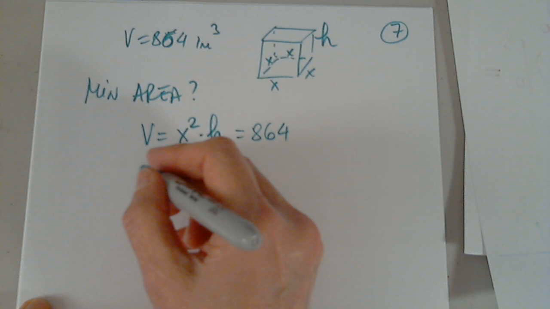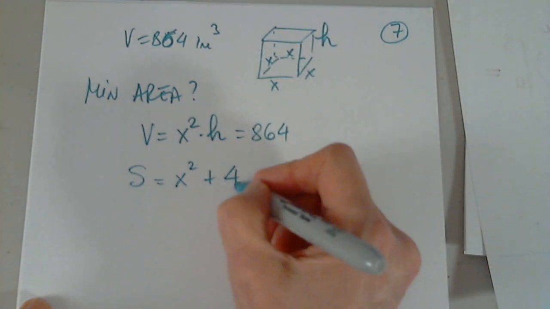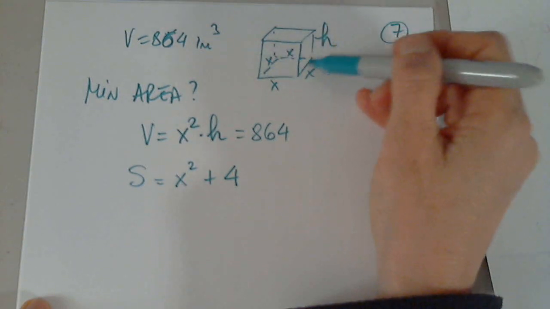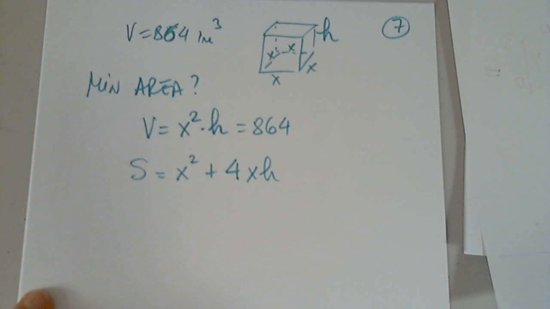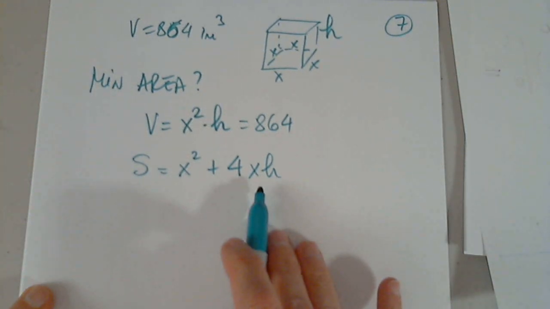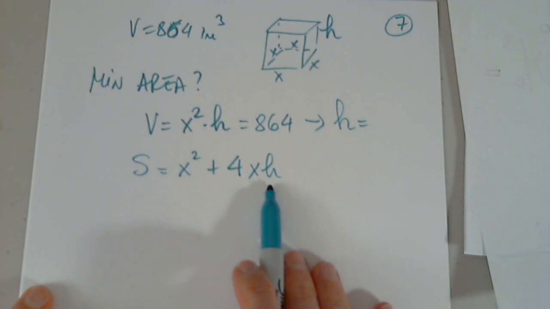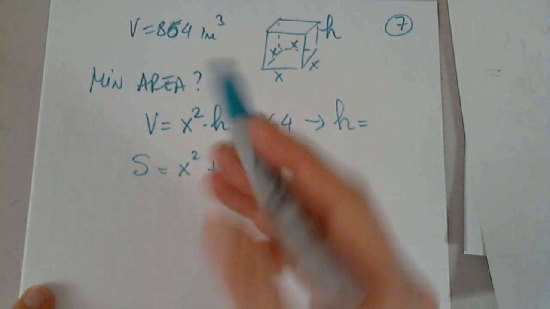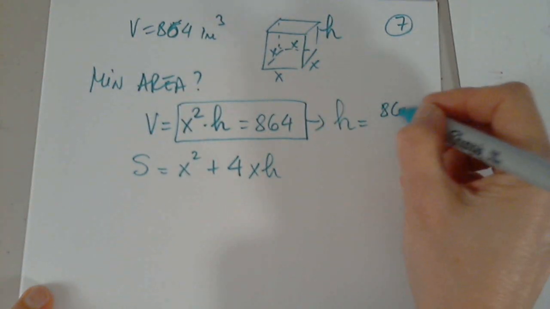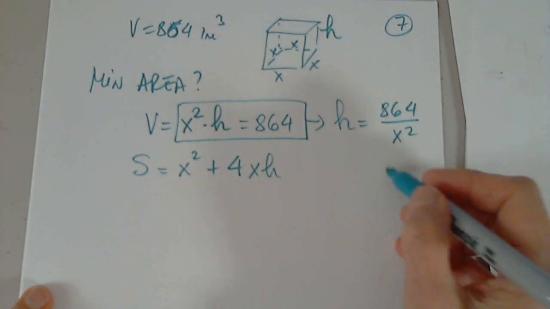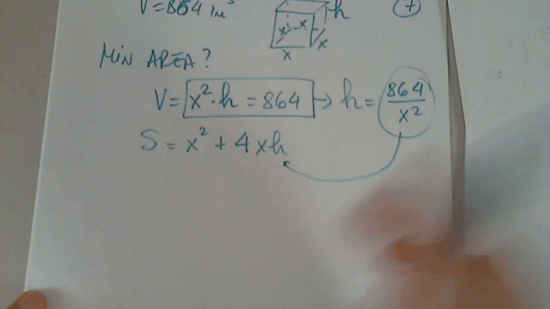Okay, then the surface area will consist of the area of the base plus 4 identical sides, x times height. As you see, this is a function of two variables, so I need to eliminate one of the variables by solving this equation for h. So h is 864 divided by x squared.